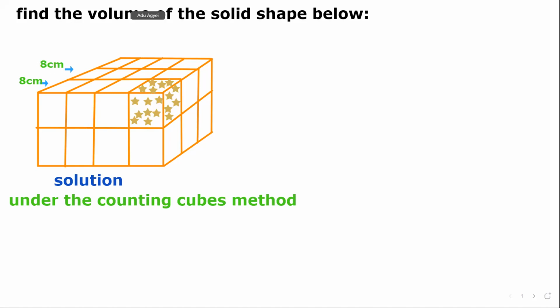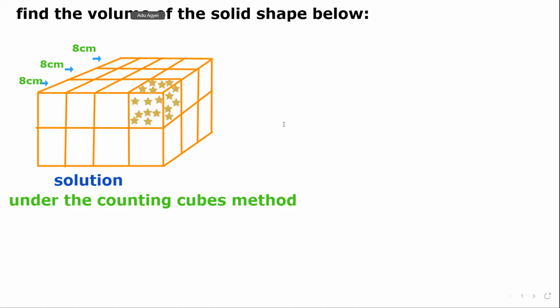And then the third layer here is also 8. Okay, good. Now we have the 3 layers, and each layer is made up of 8 cubes.